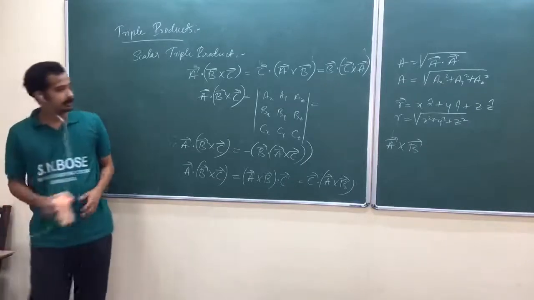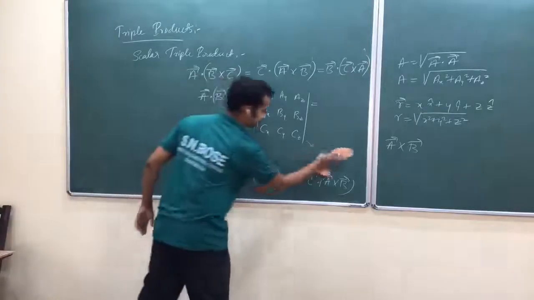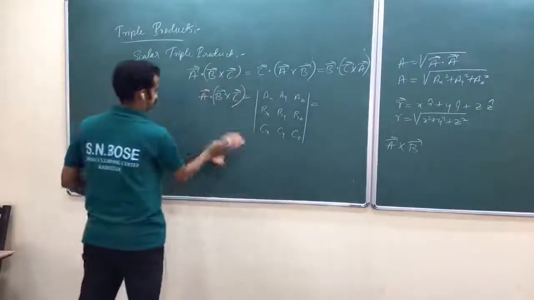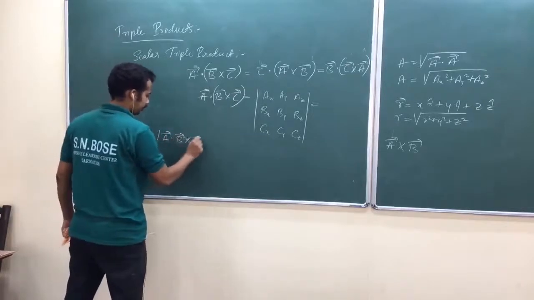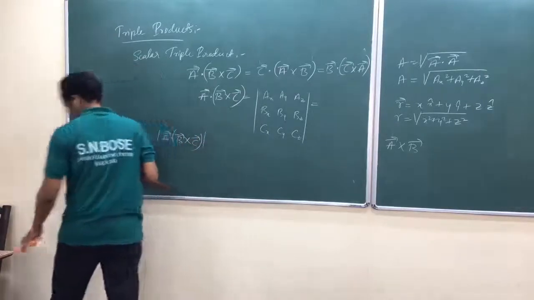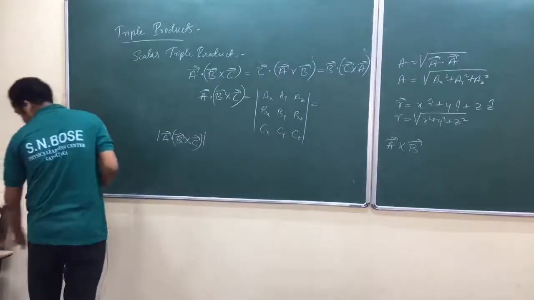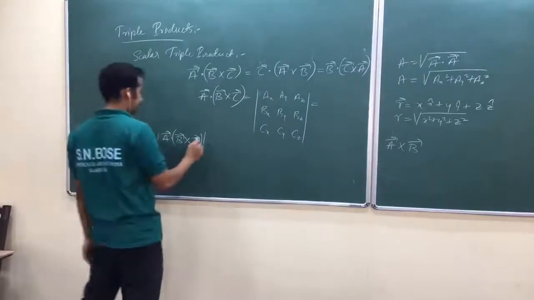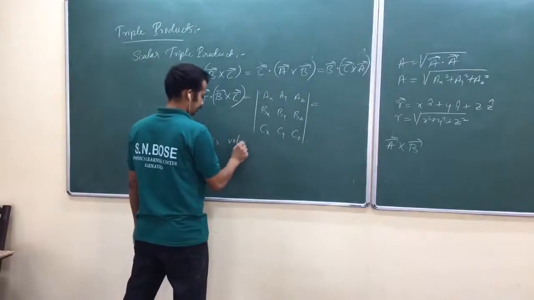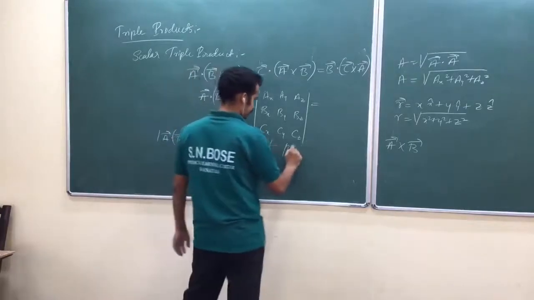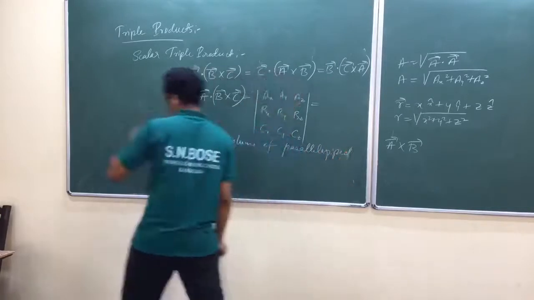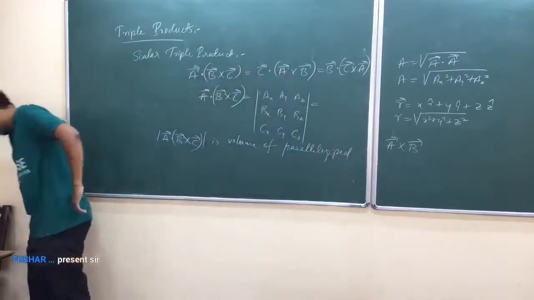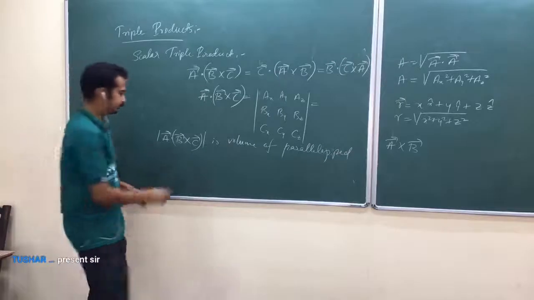Mod of A dot B cross C. Mod of A dot B cross C is the volume of the parallelepiped generated by A, B, C.